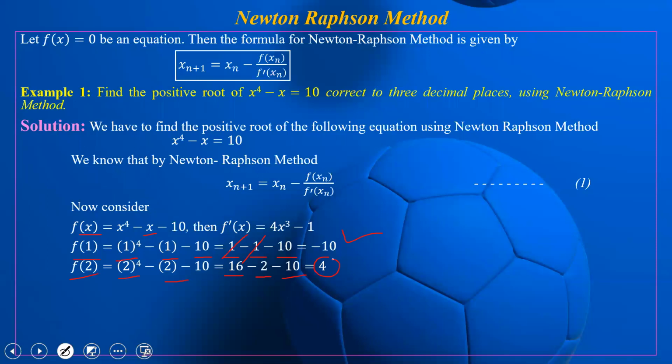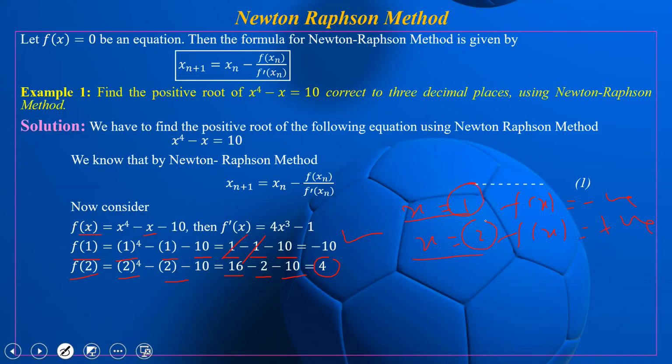So if we put x equal to 1, f of x is negative, and if we put x equal to 2, f of x is positive. It means that the positive root of the given equation lies between 1 and 2, because we have to find the positive root.